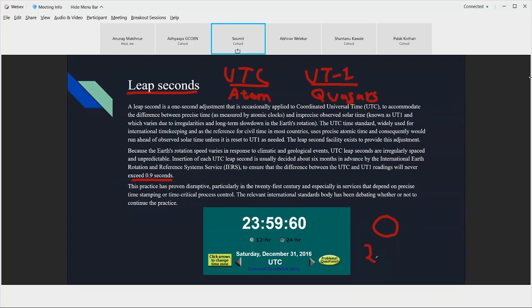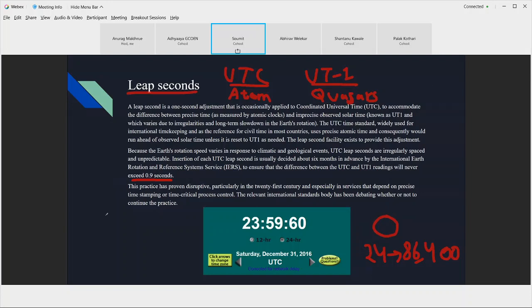That's the mean time, but it has shifted a little bit. 24 hours should have 86,400 seconds, but it has become a little bit slower over time. Sometimes it also becomes faster, but mostly it is becoming slower. It happens because of various reasons.